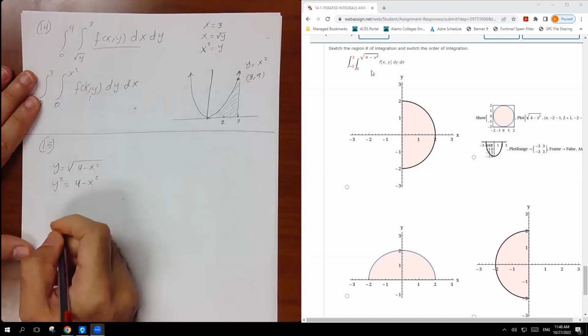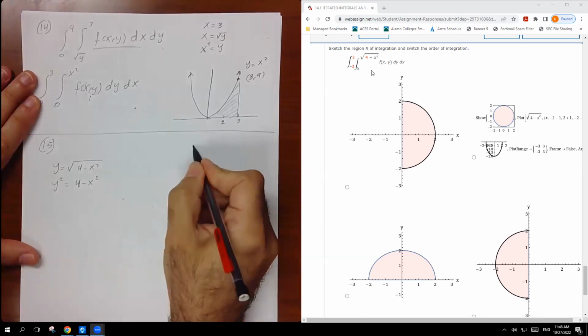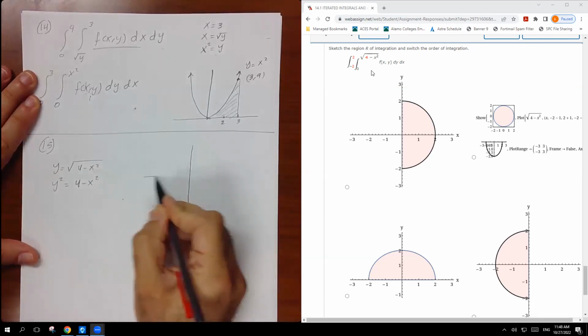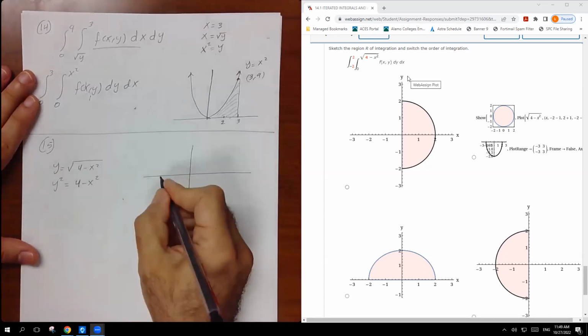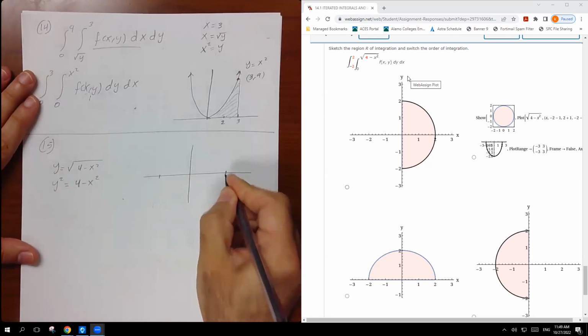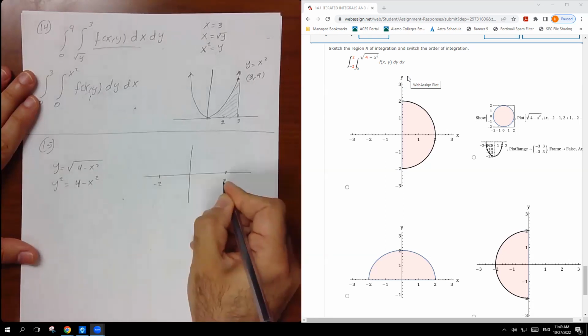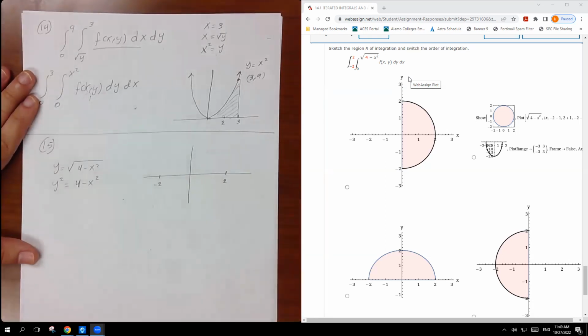That means, let's check the first thing. It's from -2 to 2 for the x. From -2 to 2 for the x. And for the y, we can't take this one because this is for the y.